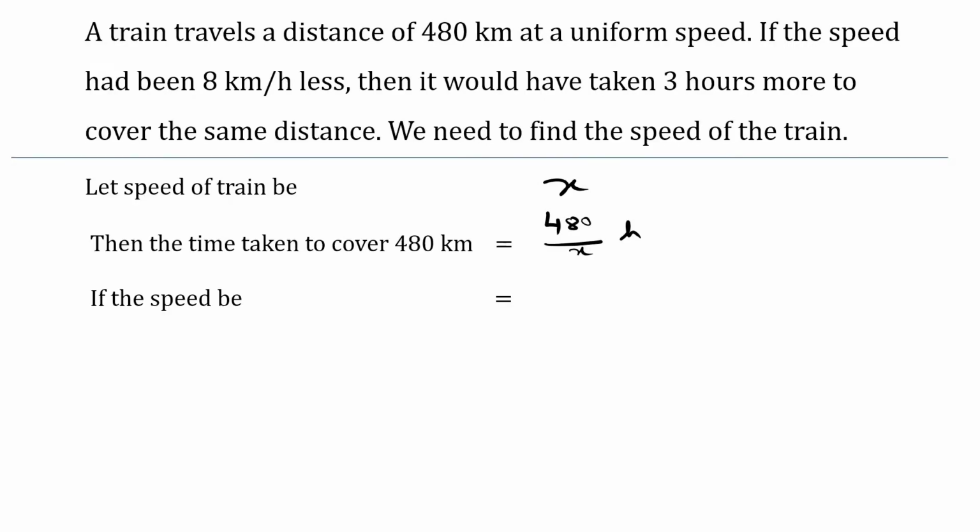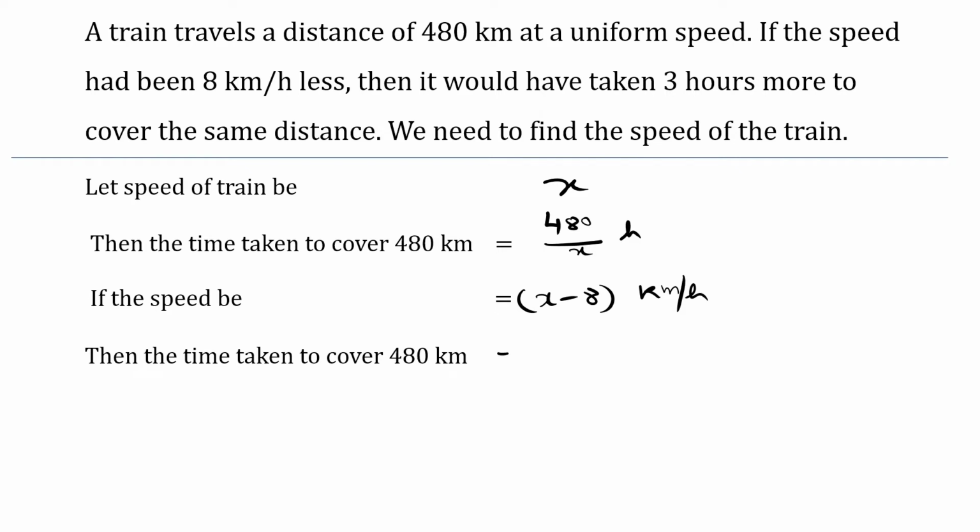Secondly, we are given if the speed had been 8 km/h less, that is if the speed be x − 8 km/h, then obviously the time taken to cover would be distance, that is 480 km, divided by speed, that is x − 8 km/h. Obviously the second time would be more because the speed is less, and the difference between these two times is given to be 3 hours.